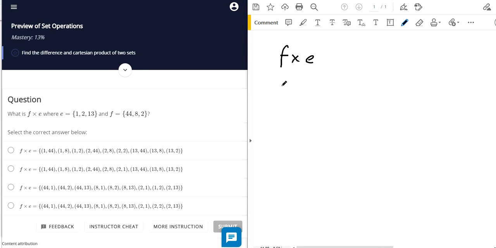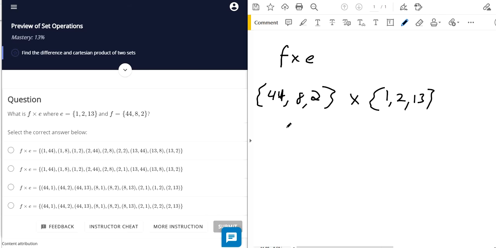So that means we have to take the numbers in F, the 44, the 8, and the 2, and those have to pair first.